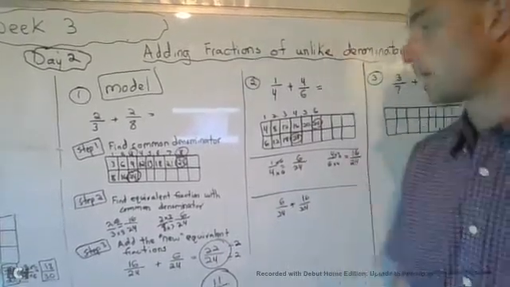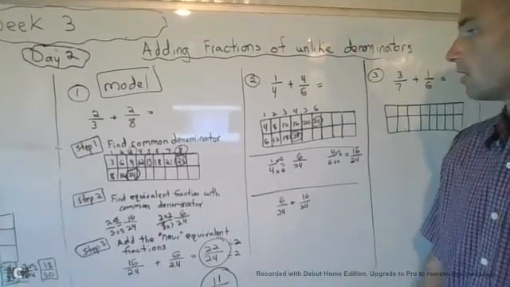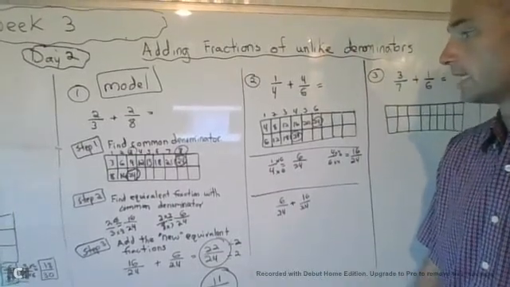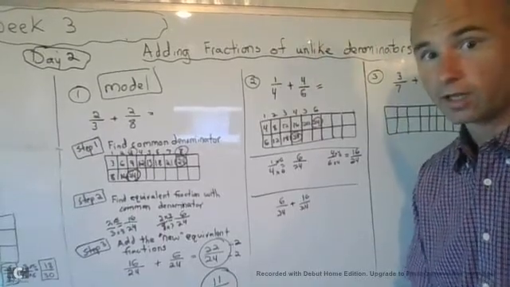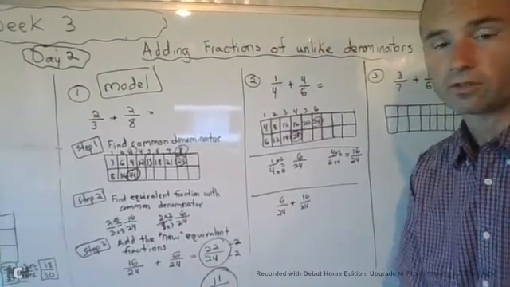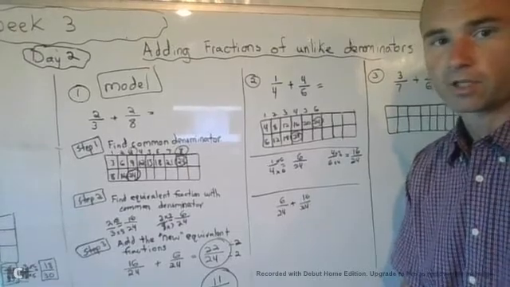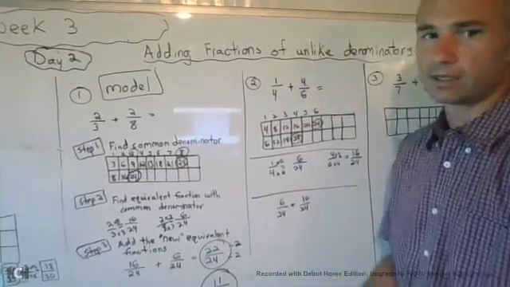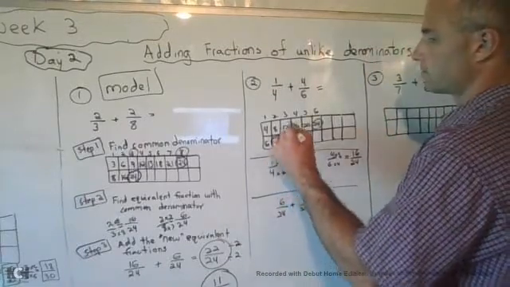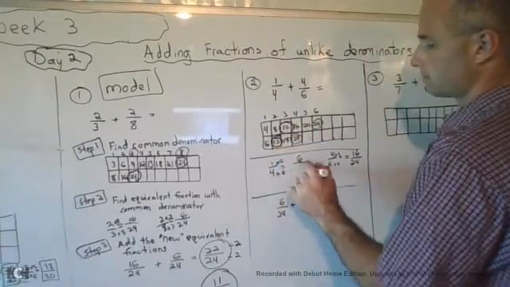Another common denominator, actually, it would have been easier, would have been 12. Hello, 12. Right? So let's find that. Why not find the least common denominator? The smallest common denominator.